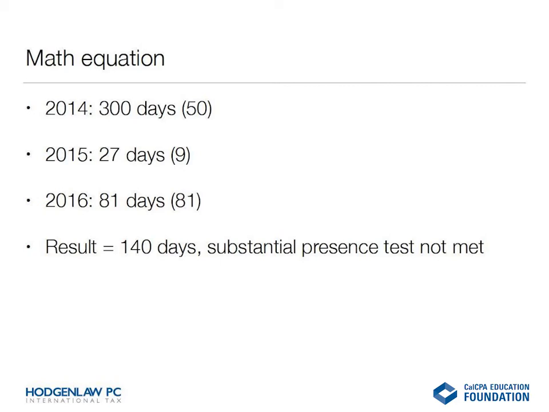In 2015, you're in the United States 27 days, so you divide by 3, and that gives you 9. In 2016, if you were in the U.S. 81 days, you multiply that by 1, and that meets the 31 days in the current year requirement. You add those all up, and you get 140 days. So in this example, the substantial presence test would not be met, and this person would not be a U.S. tax resident for 2016.